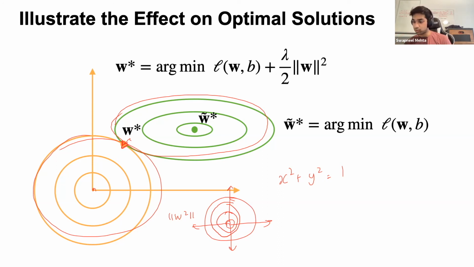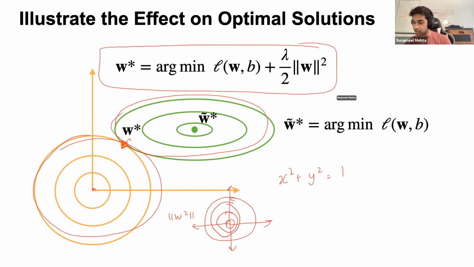The optimal w that satisfies this entire loss function is going to lie somewhere at the intersection of this norm. This function goes to 0, plus this function goes to 0. So you have two spaces, and you want both to go to 0. The intersection point is where this goes to 0 and this goes to 0.